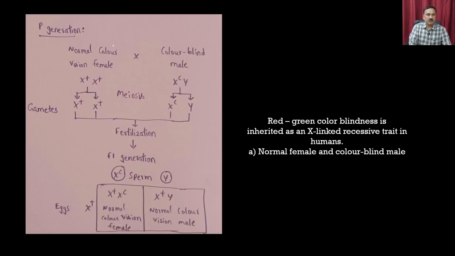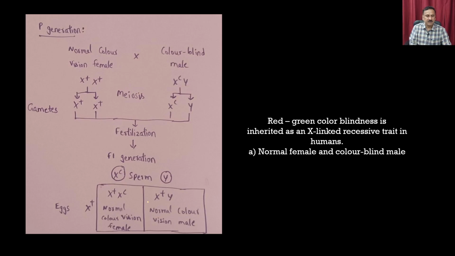So this is what is shown here. You have a female with normal color vision and a color-blind male, and when they come together, there is fertilization. In the first generation, you are going to have females with normal color vision, who carry the X chromosome from the father, and males with normal color vision.